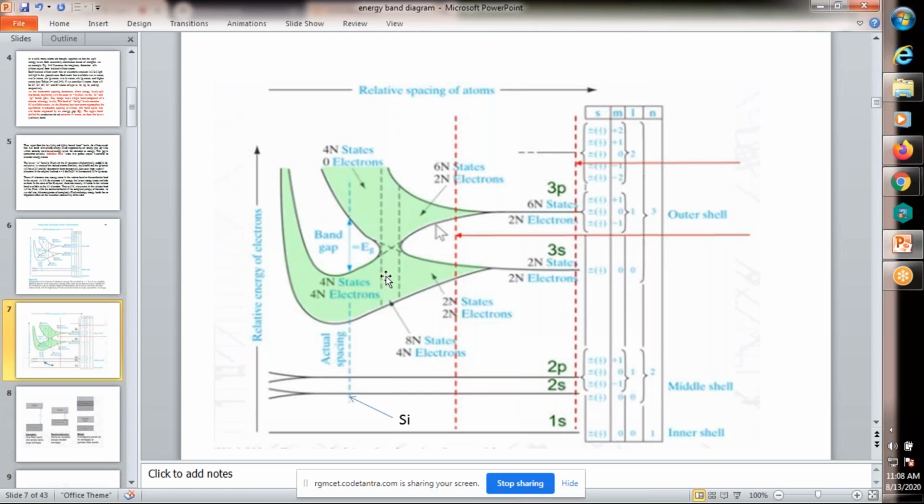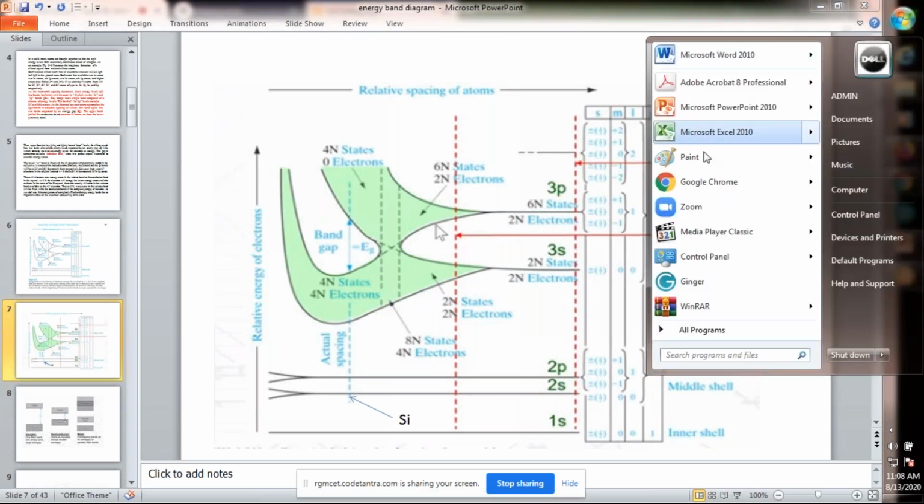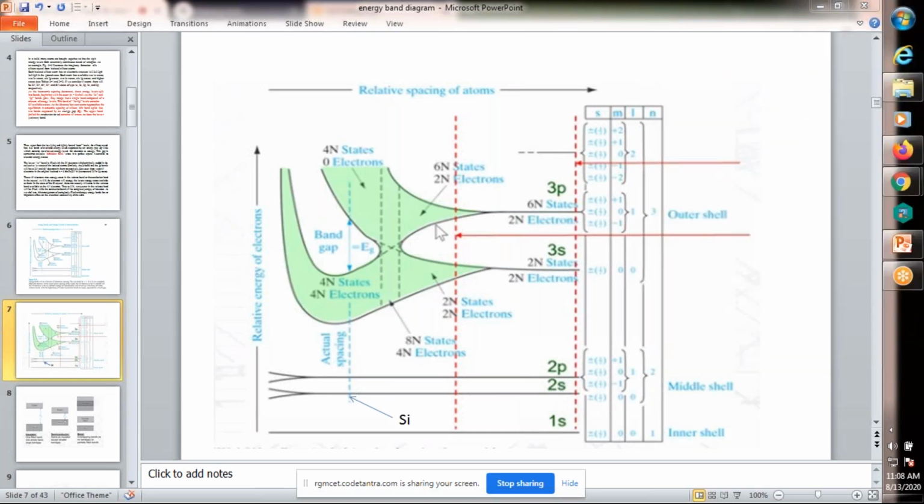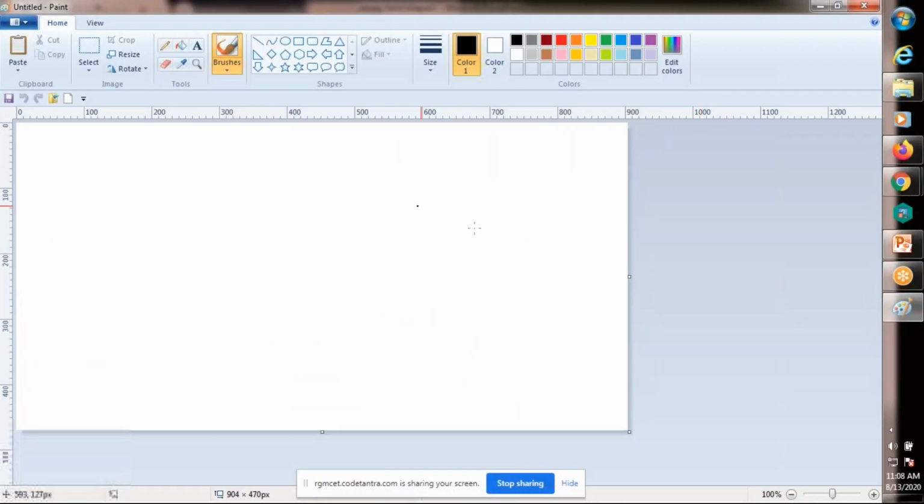Remember this. I will try to explain with the help of Paint. Suppose this energy level splits into two parts, this is something like 3p. Similarly, the 3s energy level also splits like this.